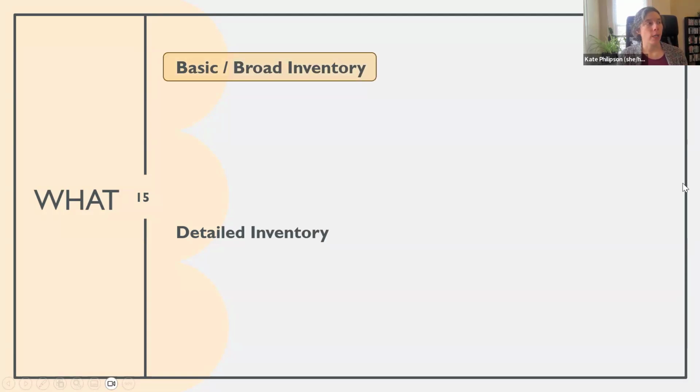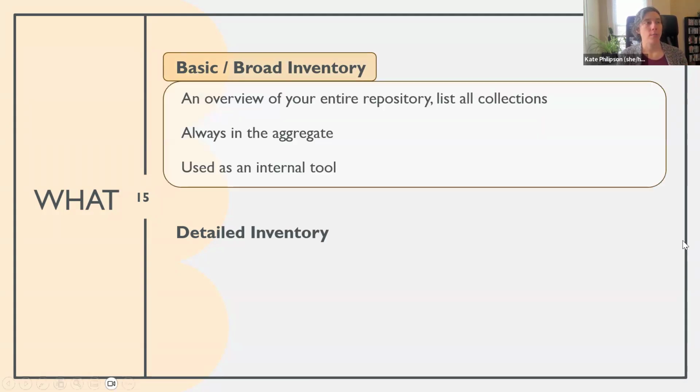You can have a really basic, broad institutional level repository. Those are all speaking to the same thing. And this is what we're going to focus on here: an overview of your entire repository, a list of all the collections, and this is going to be a really key internal tool for your organization to use.